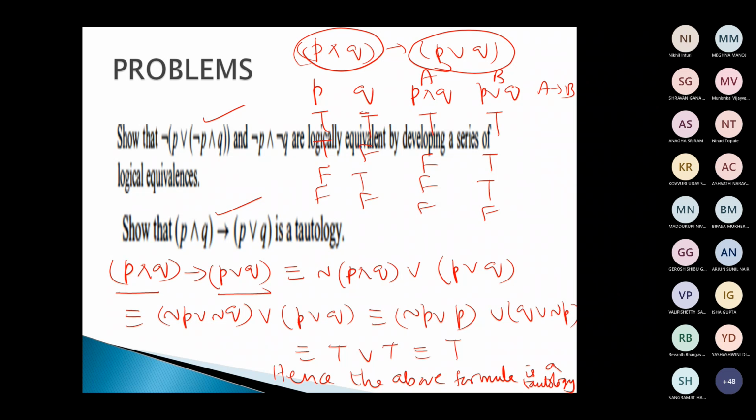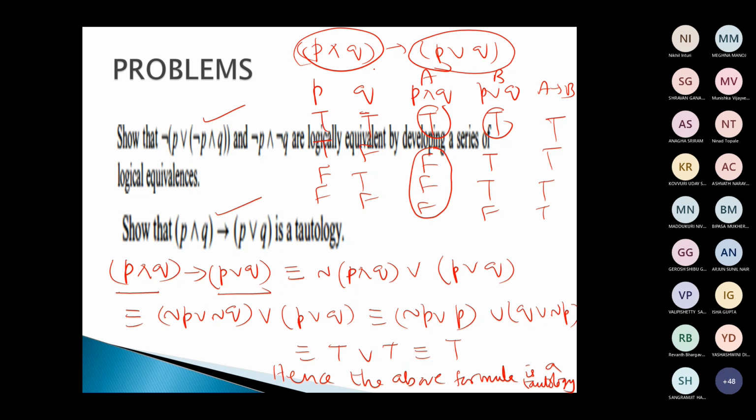Whenever A is true, B is false. There is no such possibility. So everything will be true here. P and Q tends to P or Q is a tautology.